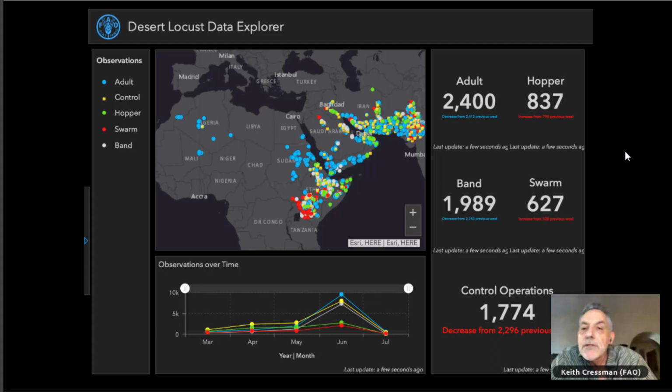So here you as researchers, as practitioners, as people that are trying to fight the desert locust, have all of this data at your fingertips that you can download, add to your GIS systems, your other systems for analyzing the data to understand it and to use it operationally and to improve our knowledge and our management of desert locusts.